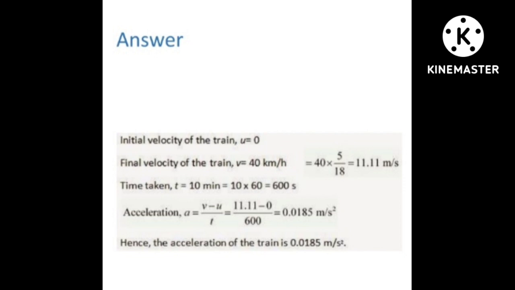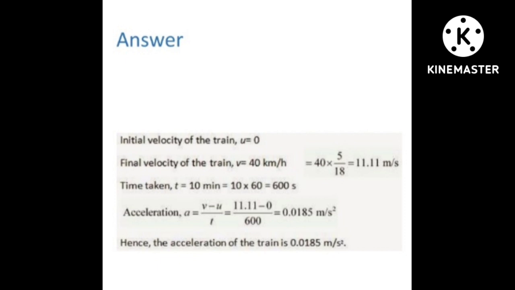So v = 40 into 5 by 18, and the answer is 11.11 meter per second. The time is given as t = 10 minutes. This minute also we have to convert into seconds: 10 into 60, so we get 600 seconds.